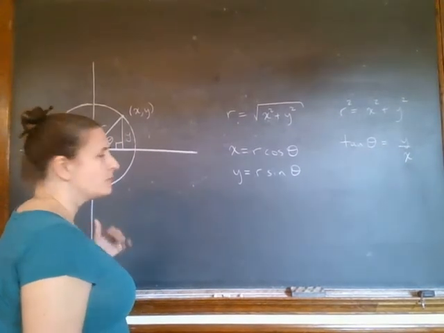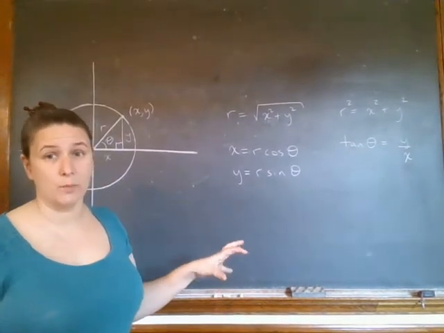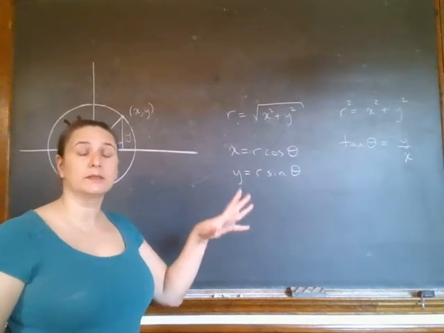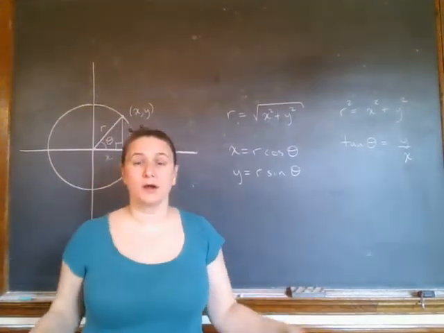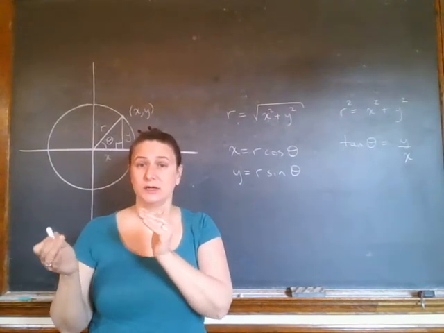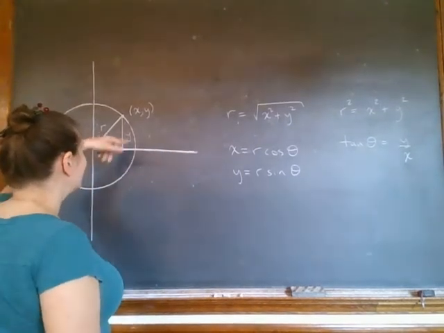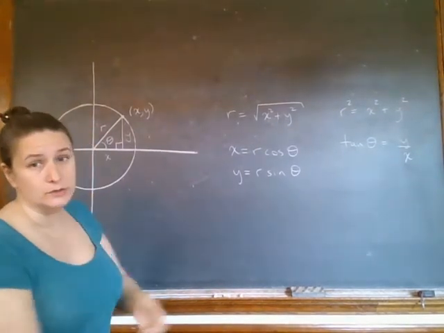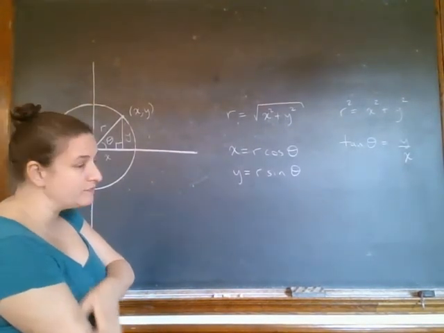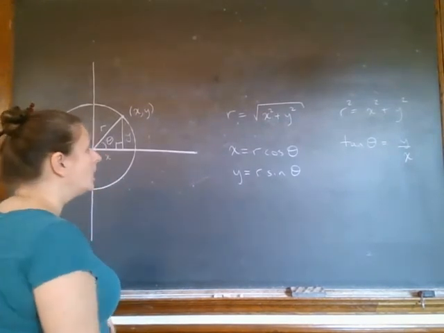I will say the one thing that's interesting about polar coordinates, and also somewhat annoying, is that unlike the Cartesian coordinates, where each point has a unique x and y, here each point can have multiple values of theta, obviously, and even two different values of r.